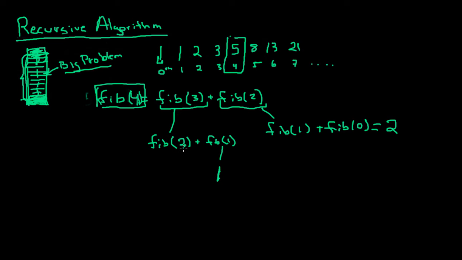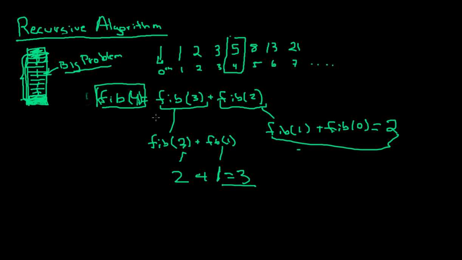And this Fibonacci of 2 is the same answer as here. So this would be 2. So the Fibonacci of 3 is going to be 2 plus 1, or equal to 3. The second Fibonacci number is equal to 2. So we combine the answer we found here with the answer we found here, and we get 2 plus 3 is equal to 5. So we get the fourth Fibonacci number of 5.